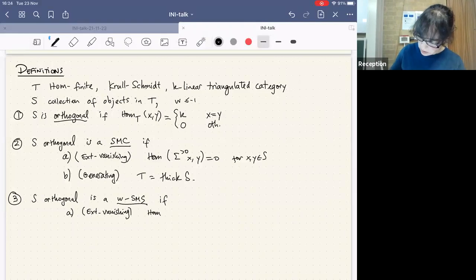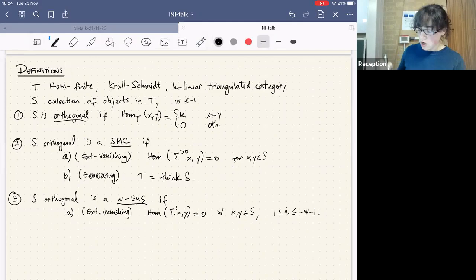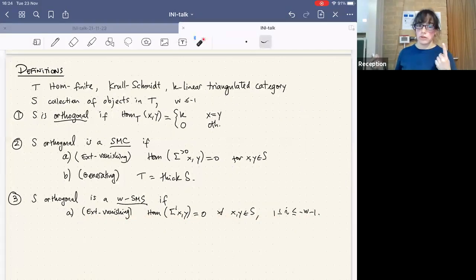So this is 0 for X, Y in S, between W+1 and -1. So for W equals -1, this condition doesn't appear. So for the classical case, simple-minded system, W equals -1 is really just the Hom vanishing condition. So just the orthogonality.